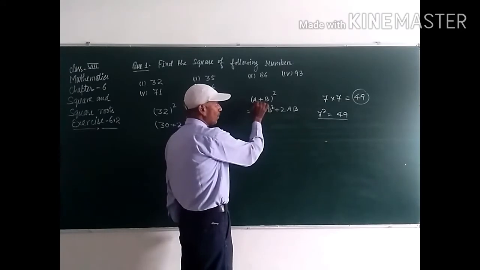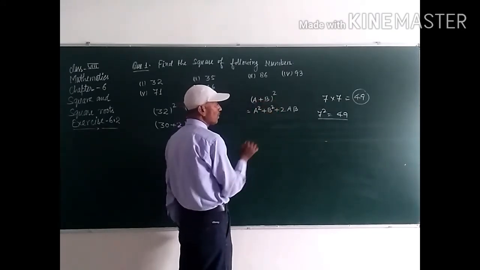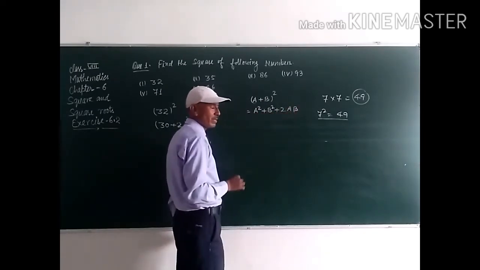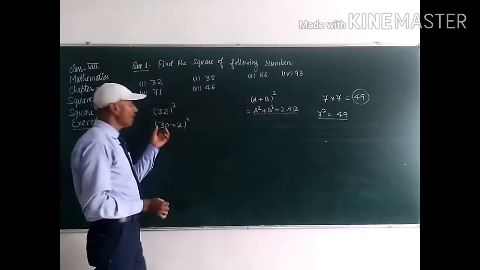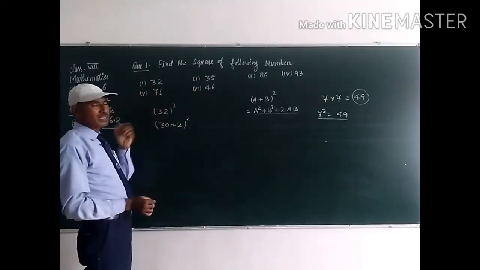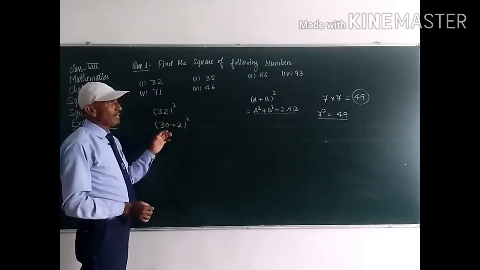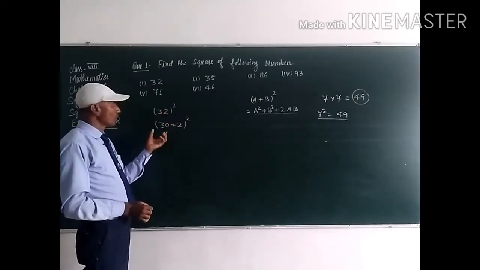So a plus b whole square means a square plus b square plus 2ab. We have to use this identity in finding the square of these numbers. Using this method, we can find the square of any larger number easily.